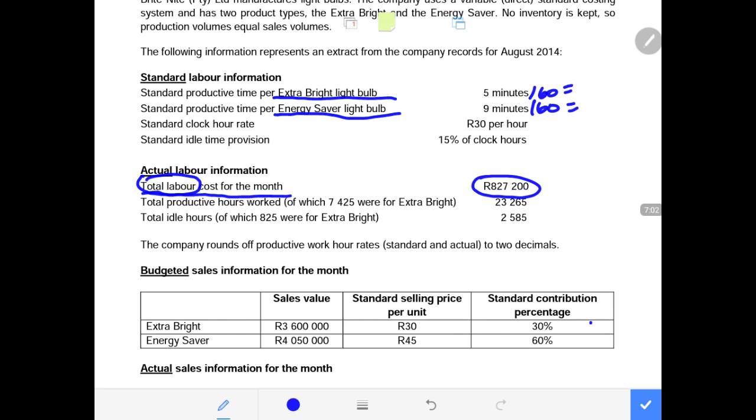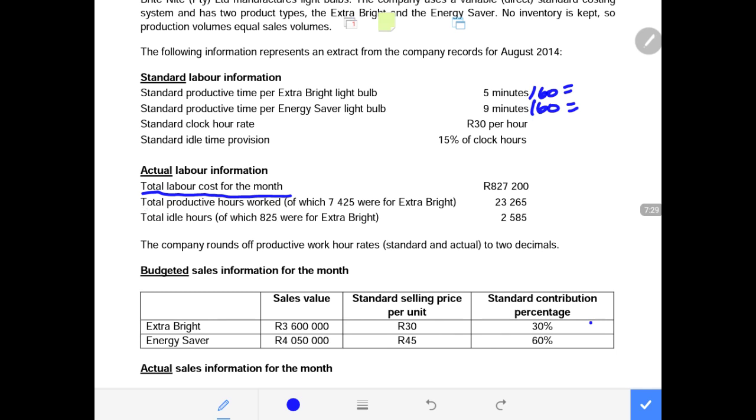Now we need to know the labor rate per hour that was actually paid to our employees, because we budgeted that they will be paid 30 rand per hour. Did they get paid the same 30 rand in the actual production in the month of August? We are not sure yet.